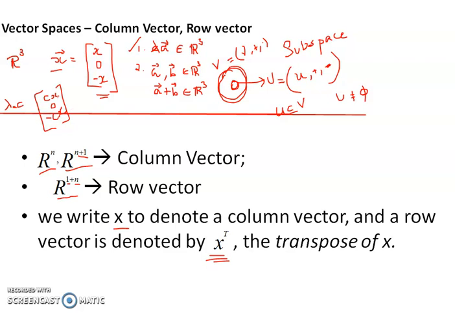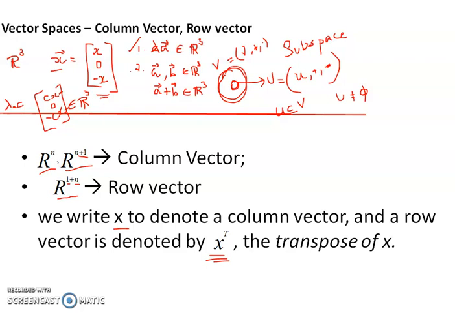You can see that the resulting vector has three elements: first positive, second 0, and third negative. So it belongs to the vector space R3.